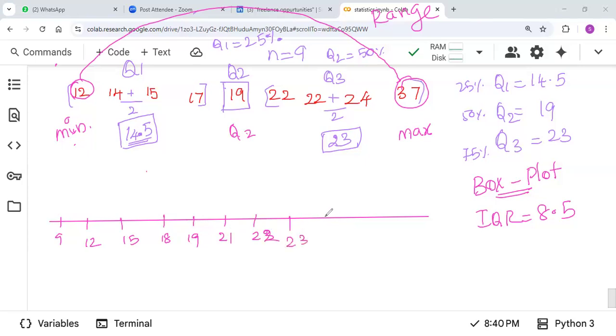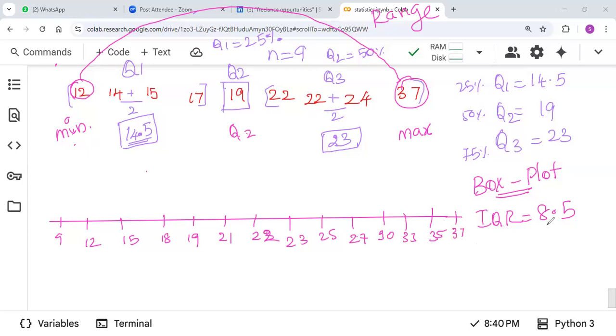And 25, 27 or 30, 33, 35 or 37, whatever it is.